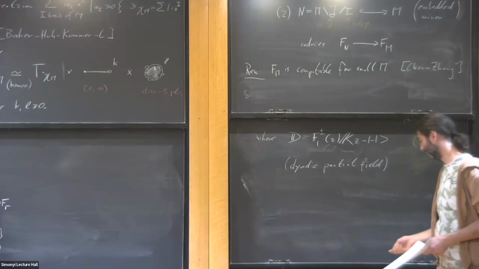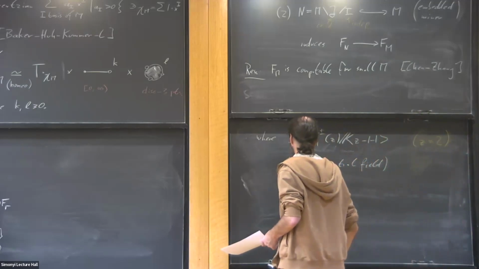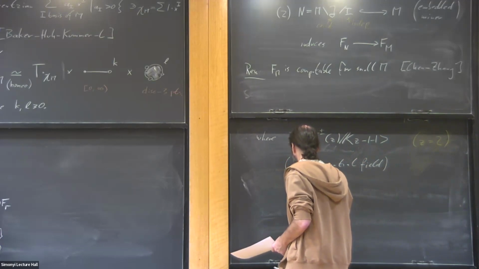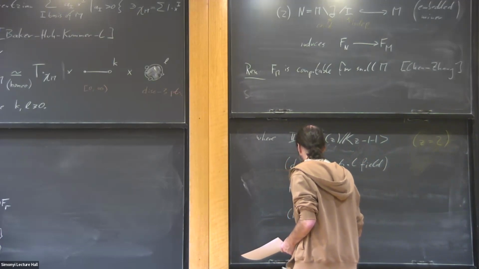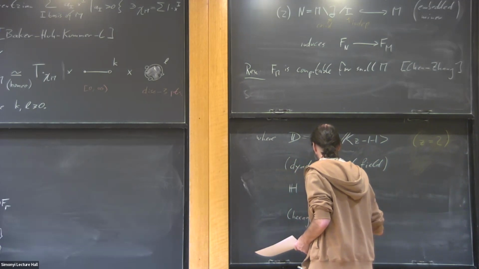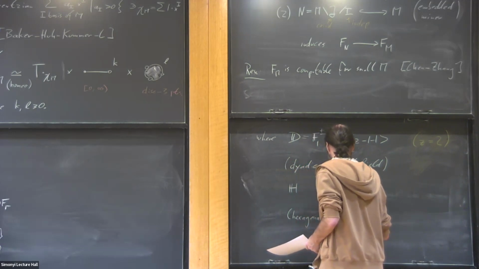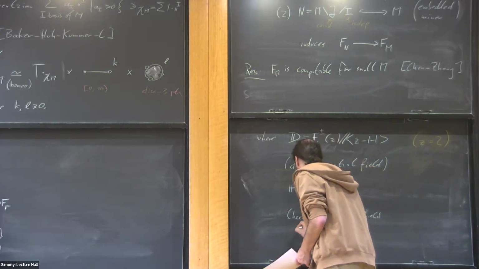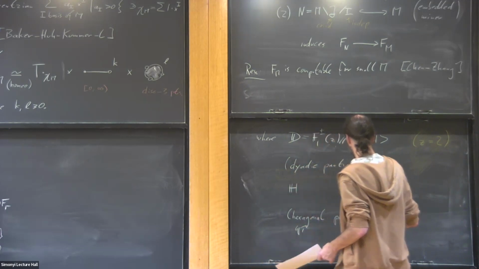And the other guy, H, what we call the hexagonal partial field. This is often also called the sixth roots of unity partial field.